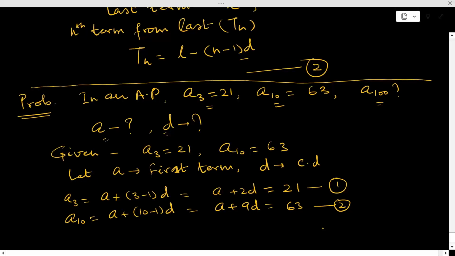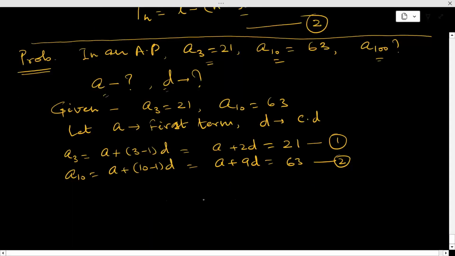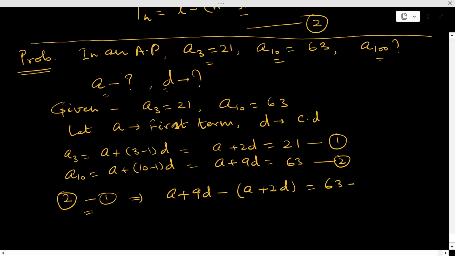Now we can easily solve these two equations. Let us subtract equation 1 from 2. So this gives A plus 9D minus A plus 2D, and on the right hand side 63 minus 21.